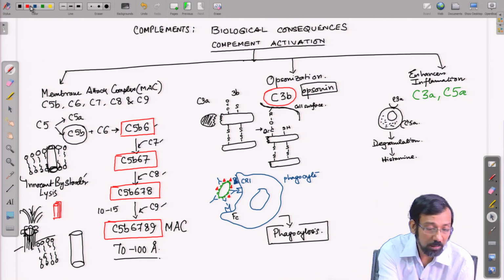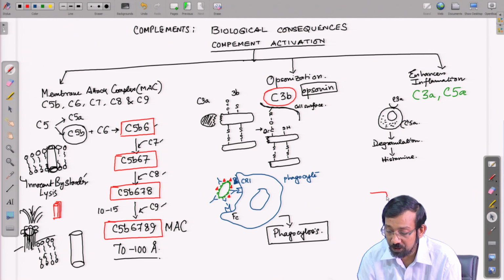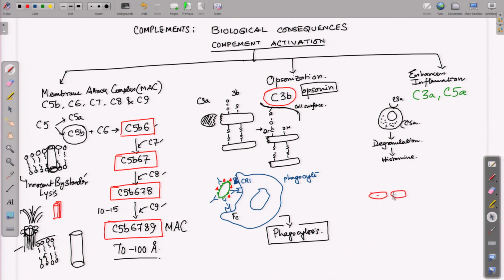It can also lead to, if you remember one of our very initial classes where we studied the inflammatory responses, and we described the extravasation of the neutrophils, for example. The extravasation or migration of the neutrophils can also be mediated by the soluble complement cleavage products like C3a and C5a.